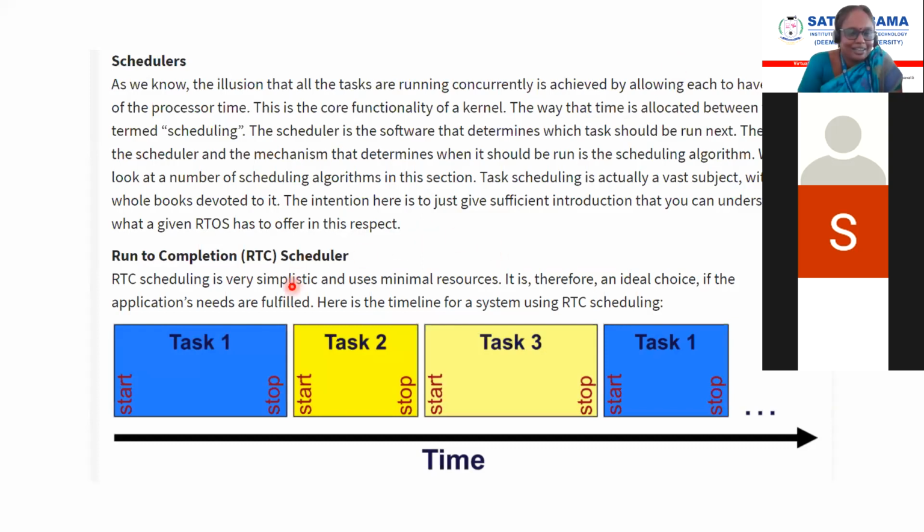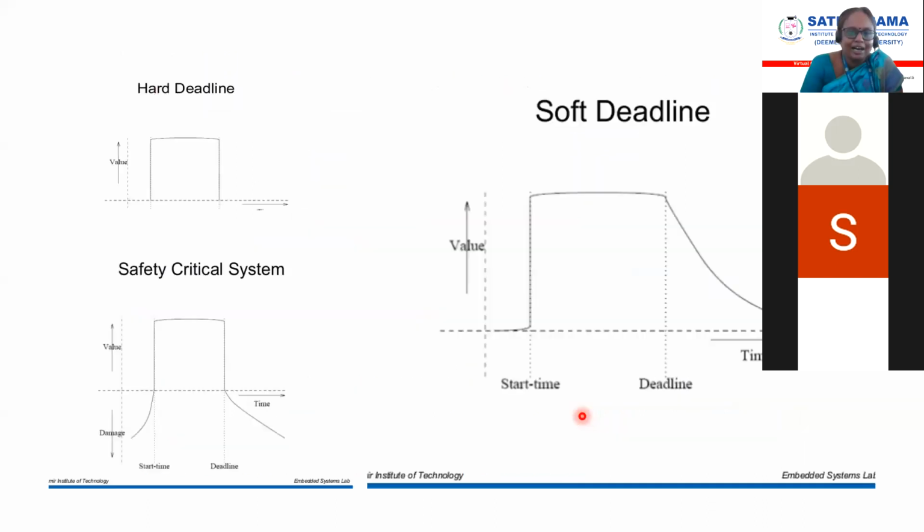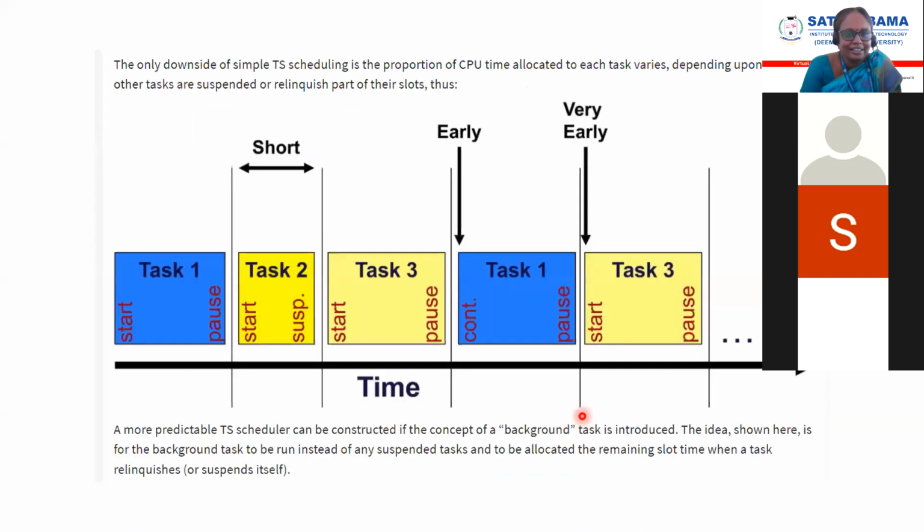So okay, RTC, that is the run to completion scheduler. So start, stop, start, stop, start, stop. That is round robin. Instead of start stop, they put start pause, start pause. And with the time slicer, within the time it has to complete. One more time slicer they have given to complete shortly, and to skip one task we can go for getting the remaining task to be continued.